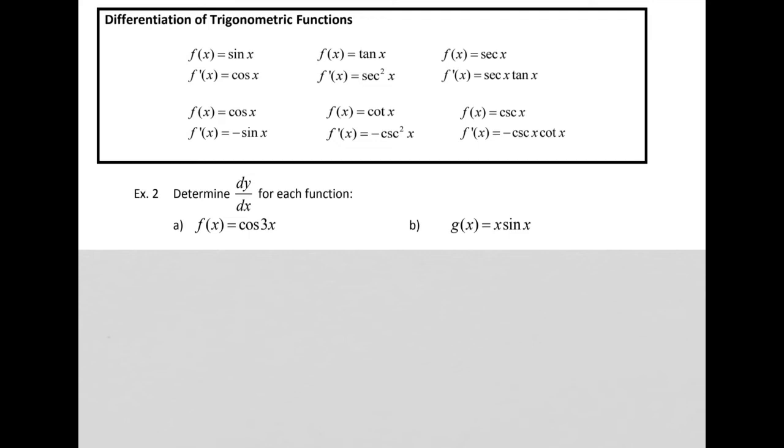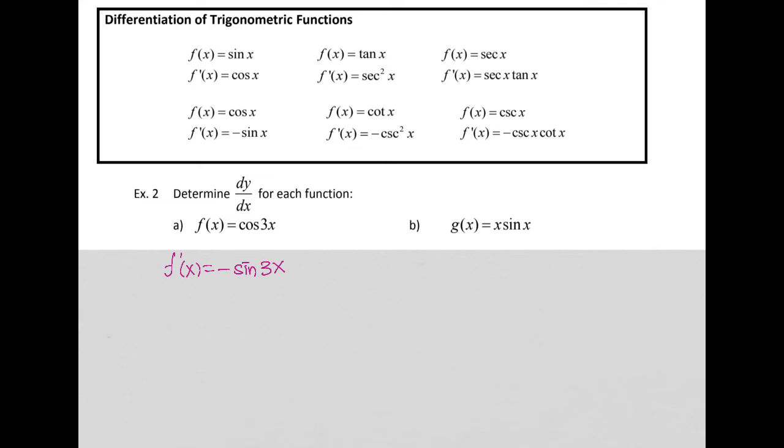So let's try this. For part A, for example 2, you have f(x) equals cosine 3x. The first thing we know is that the differentiation of cosine will become negative sine. So that's the first thing we write down. We write down f prime equals negative sine, and copy the angle down. Don't change the angle.